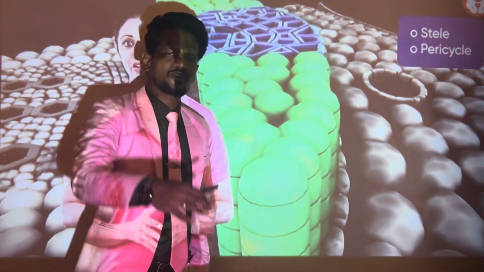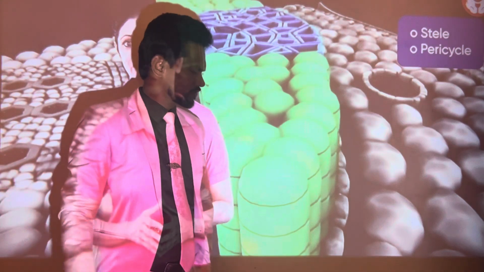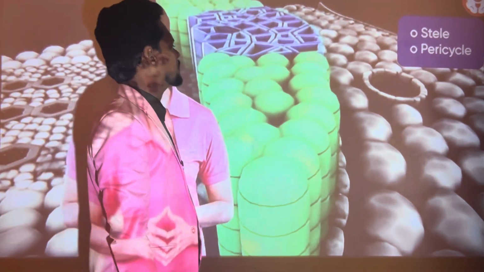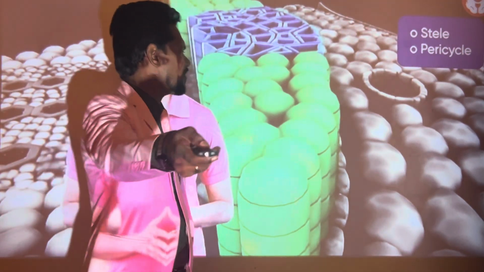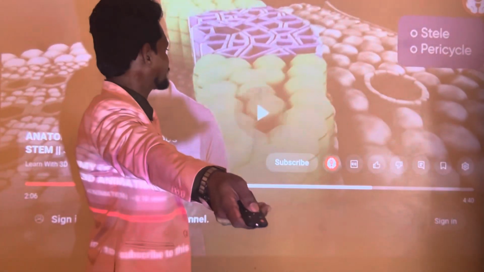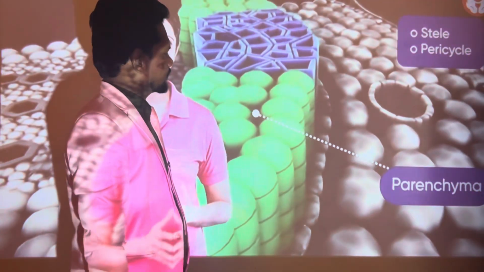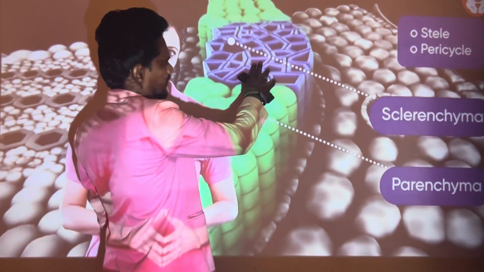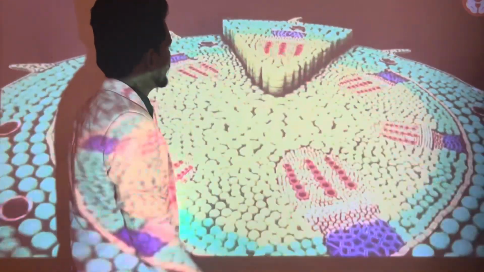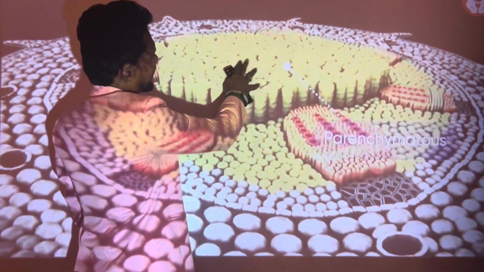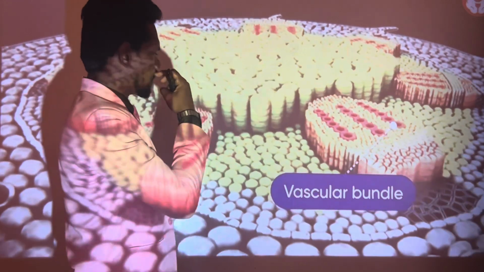The main function is protection of the innermost cells, and also it helps, directly, indirectly, in the lateral roots formation. So parenchyma, sclerenchyma, this is pericycle. Yeah. This parenchymatous structure is called medulla or pith.